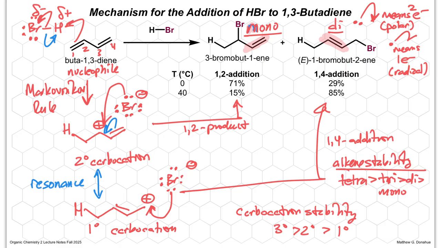So the connection between the 1,2 and the 1,4 is this kinetic versus thermodynamic argument. When you don't have enough energy in the system, you get the kinetic product. That's the thing that forms the fastest. At 40 degrees, you have enough energy that it's producing the thermodynamic or more stable product.